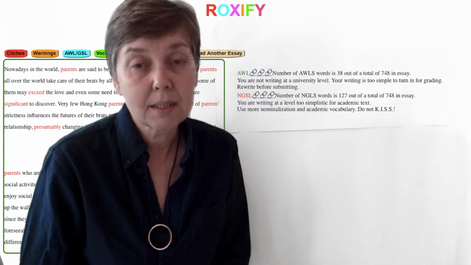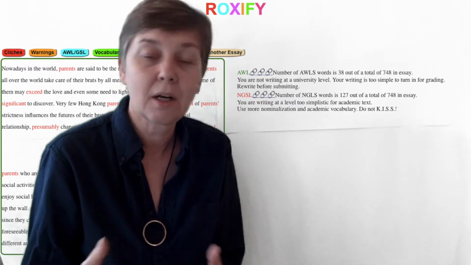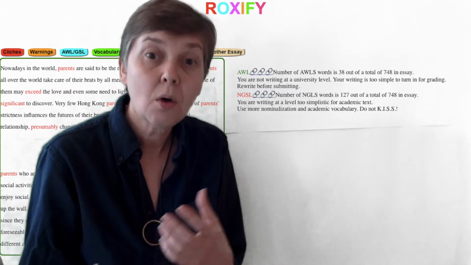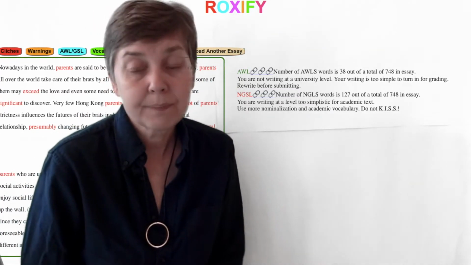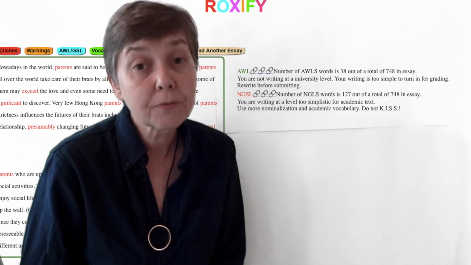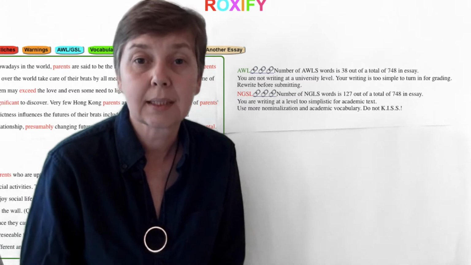Again, there are links on this page that will take you to the academic word list for you to look at to see whether or not you're using them correctly or whether you're using academic vocabulary. The NGSL is a list of words that are the first words learned by people who are learning English as a second language.